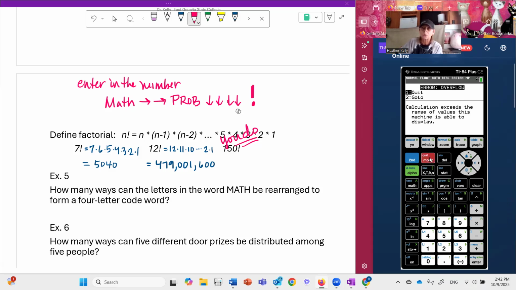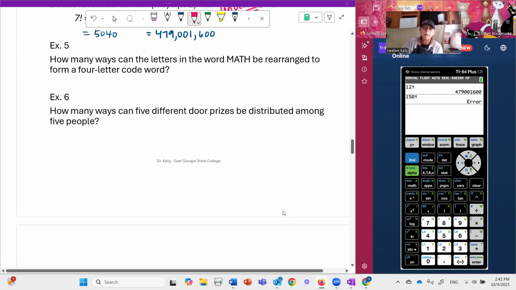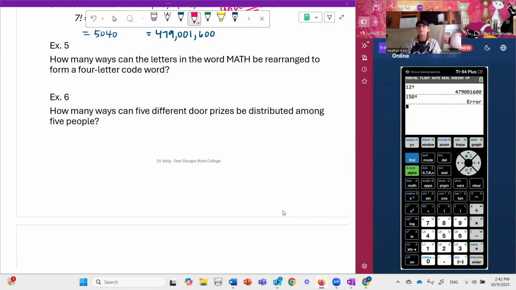So let's take a look at the next question here. Example number 5 says, how many ways can the letters in the word math be rearranged to form a 4-letter code word? Now, we're going to do this particular one 2 ways because I want you to really understand what we're actually figuring out.